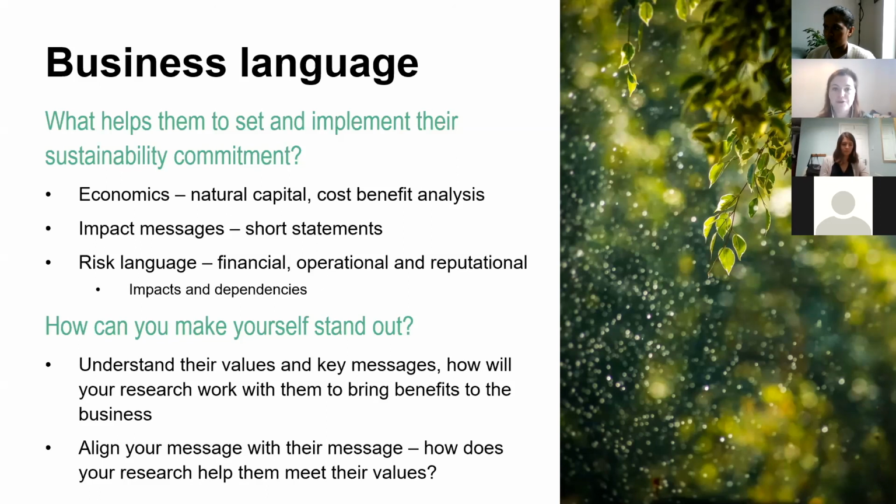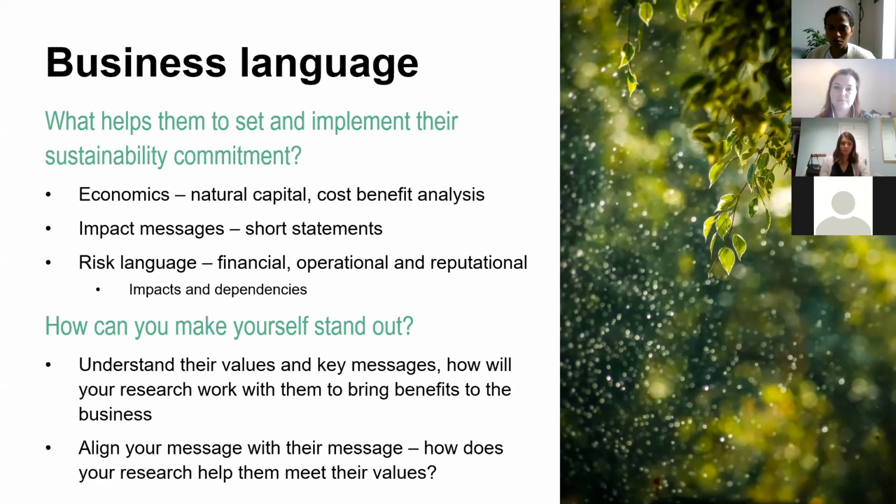You also have your operational risks. So what impact is the biodiversity going to have on the operations of their business, and their reputational, because I think increasingly civil society is becoming involved in the biodiversity conversation, I suppose, in terms of how it's beneficial to a lot of society as a whole.